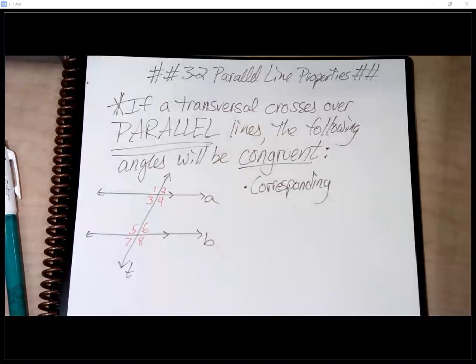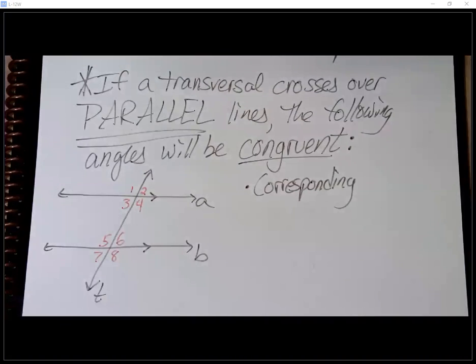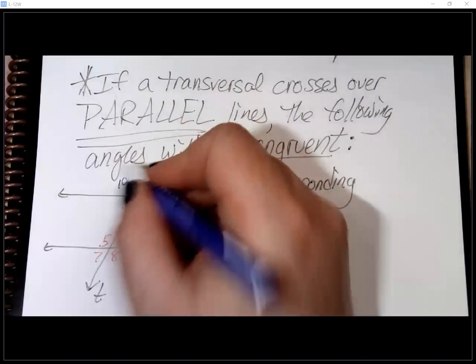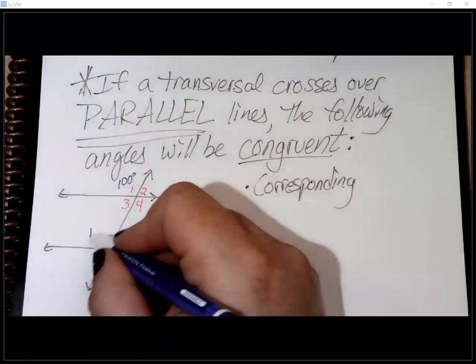So now what I can say is if I know the measure of angle 1, let's just say it's 100 degrees, then I also know that angle 5 is 100 degrees because they are corresponding angles. That's so cool. So I'm going to mark that. Let's say I measured it and it turns out 1 is 100. That means angle 5 is also 100.